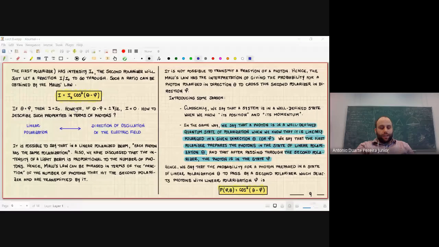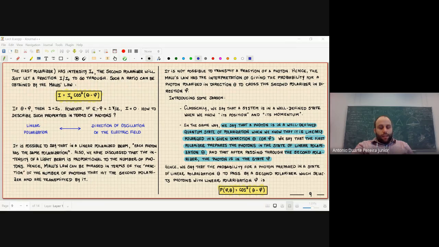So when I say that the intensity of light has decreased, I am saying that fewer photons passed. If I had some quantity of photons before the polarizer, I'll have fewer photons after the polarizer because some of them will be absorbed by the polarizer.